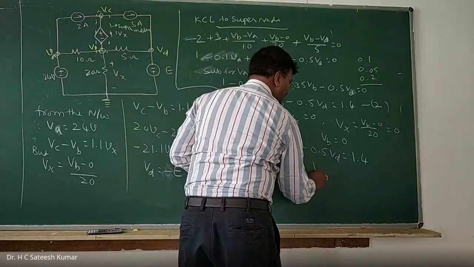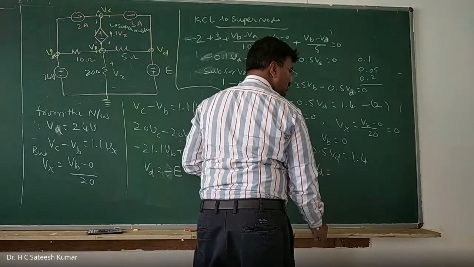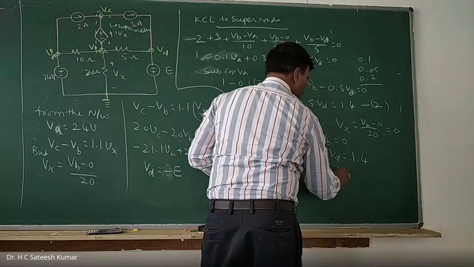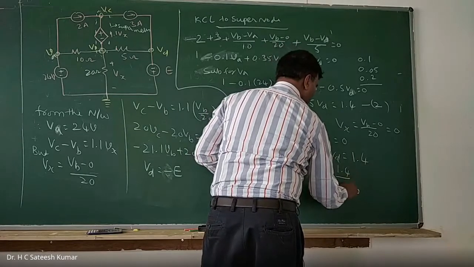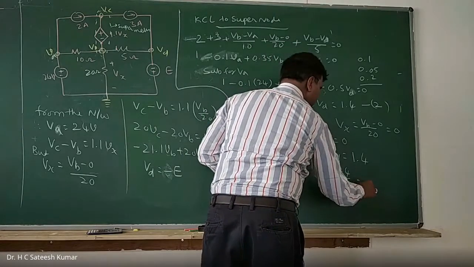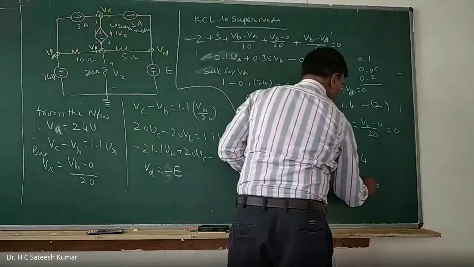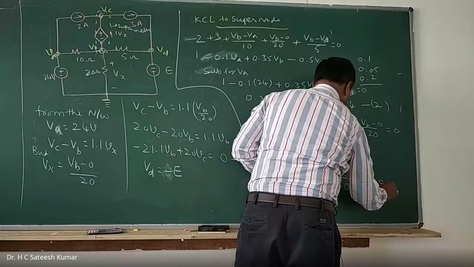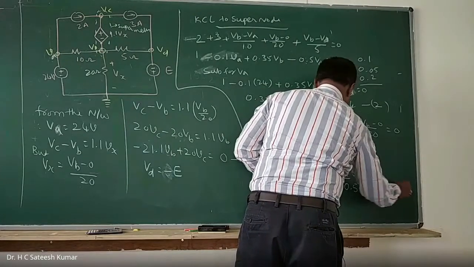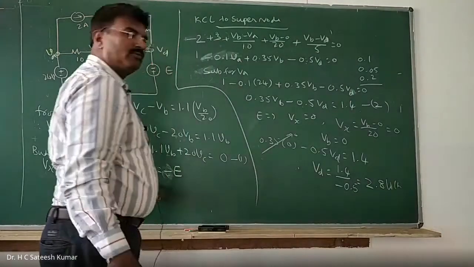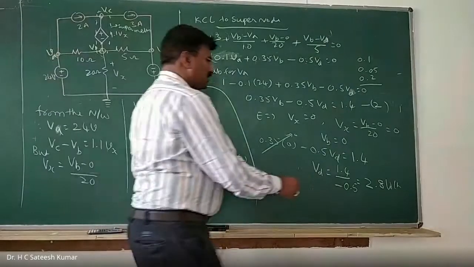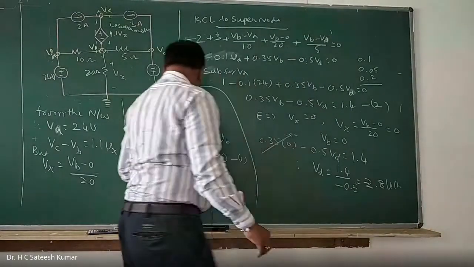Therefore, Vd is equal to 1.4 divided by minus 0.5. How much is this? 2.8 volts. Vd is equal to minus 2.8, sorry, minus 2.8. But what is Vd?